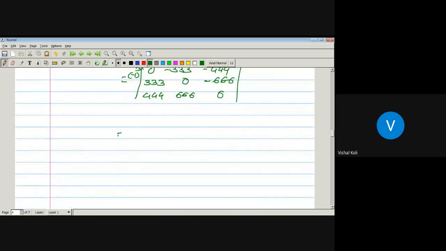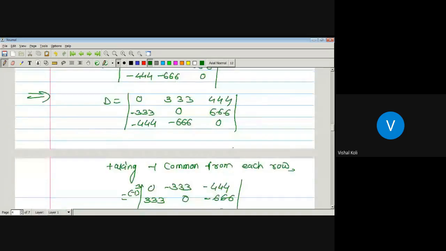So it is equal to minus of this one: 0, minus 333, minus 444, 333, 0, minus 666, 444, 666 and 0.